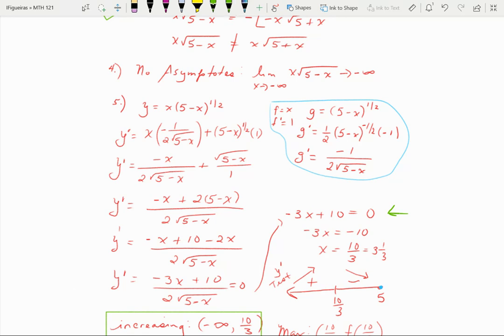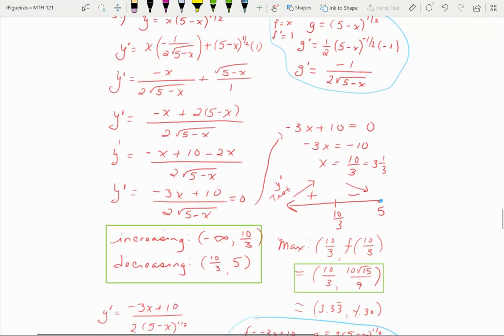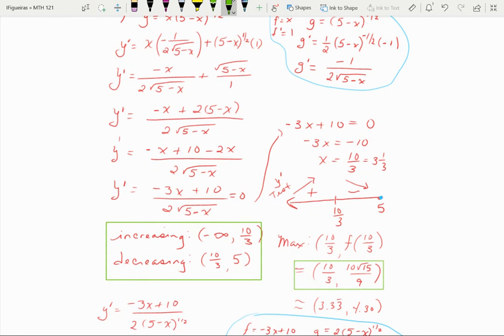10/3 is 3 1/3. Now, when we do our first derivative test, remember that there's a restriction on domain. It goes only up to 5, so make sure you don't show all real numbers here because you can't just pick anything you want in terms of test points. So to the left of 10/3 or 3 1/3, you can pick any number.